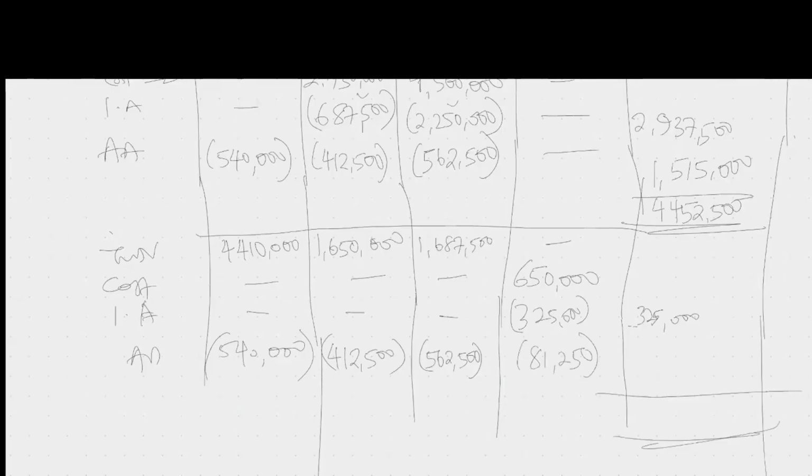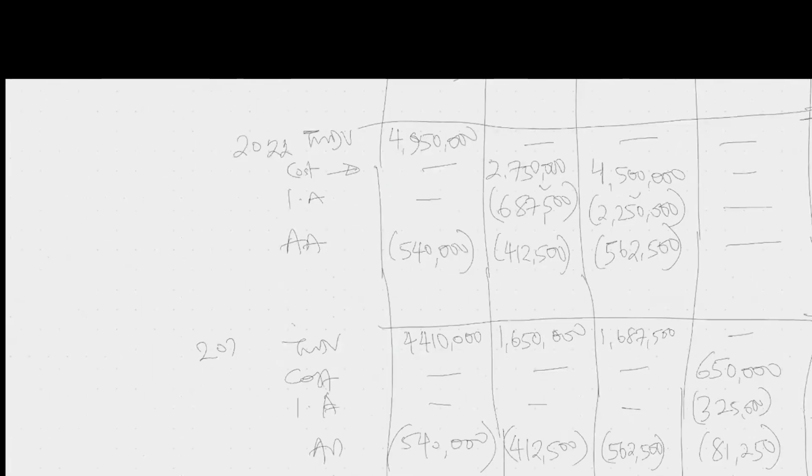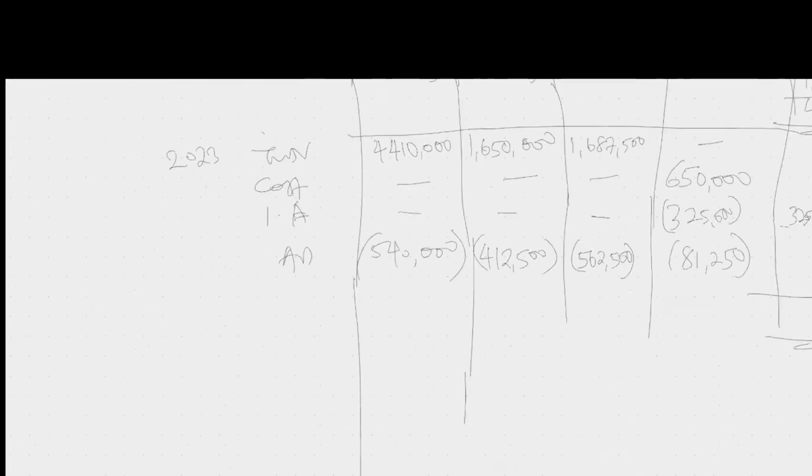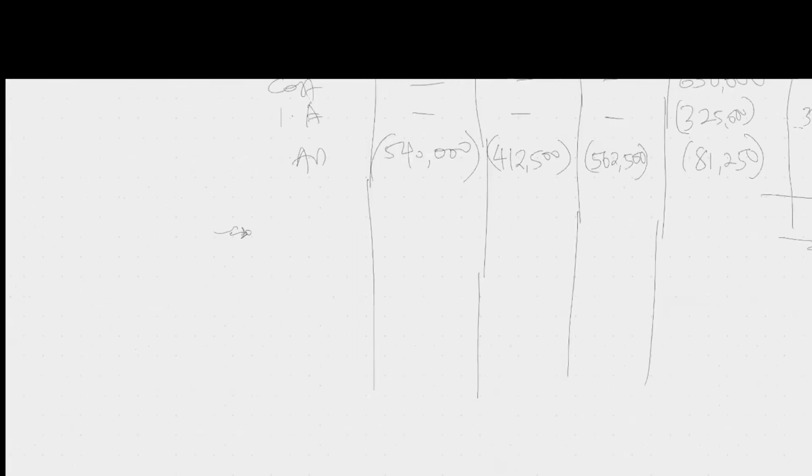2024. Now give us the tax written down value for 24. Give me the total of this.